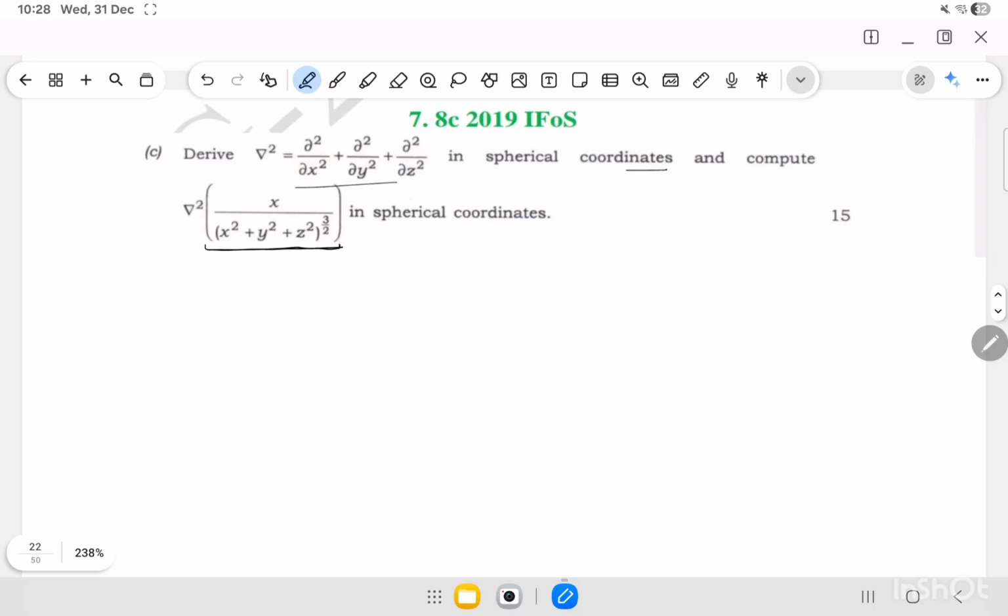So in order to derive del square in spherical coordinates, we'll look at its general formula.